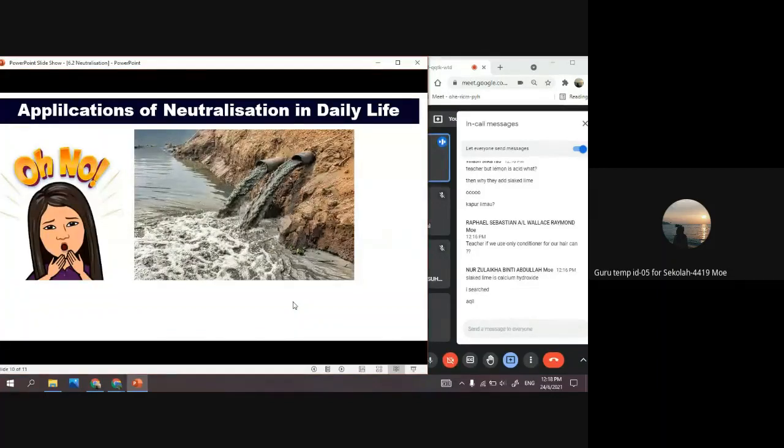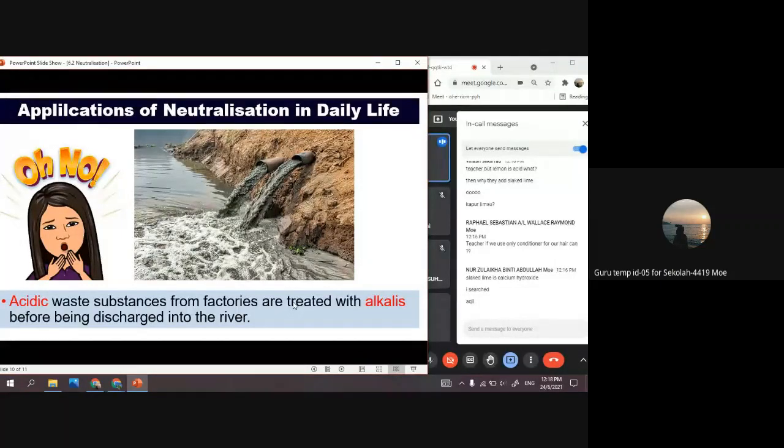And then finally, for some factories, their acidic waste substances will be treated with alkalis before being discharged into the river, so that they will not cause our river to become acidic, since river has aquatic life.